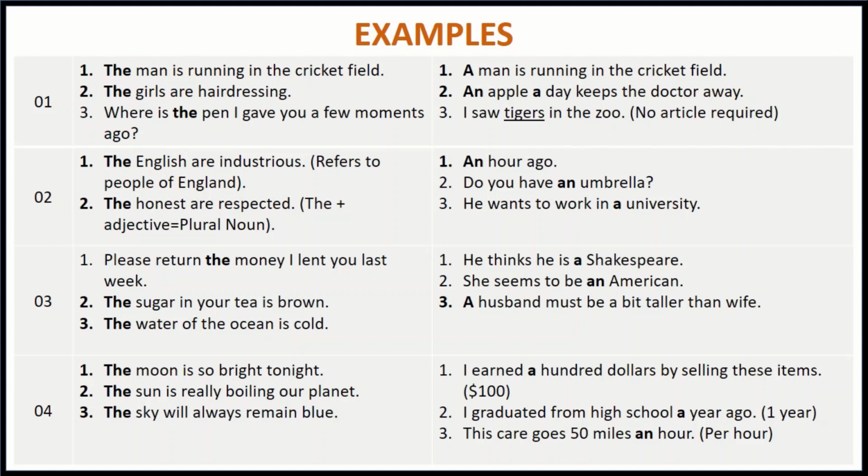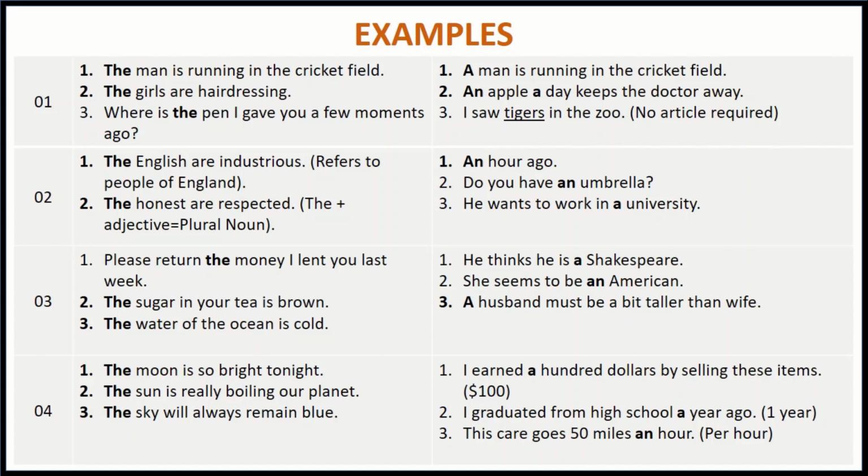However, rule 2 of the indefinite article states that you have to use a or an with a word that follows a vowel sound, and the rules about that. For example, an hour ago, it has the vowel sound o. So therefore, an. Do you have an umbrella? So a vowel sound, an umbrella. He wants to work in a university.